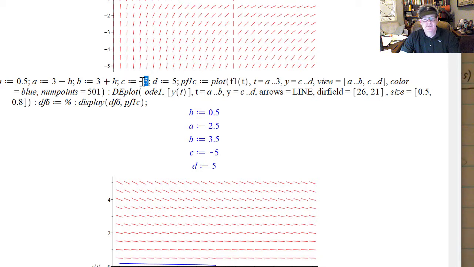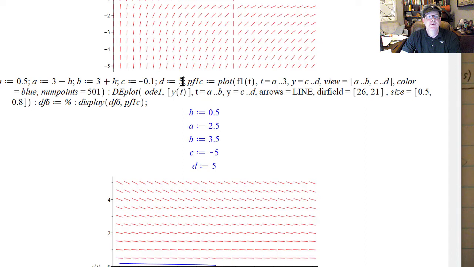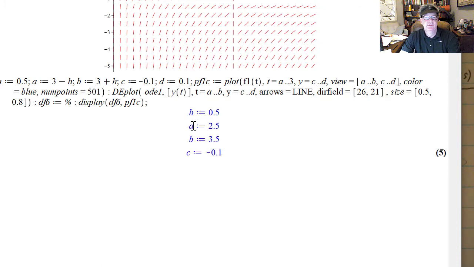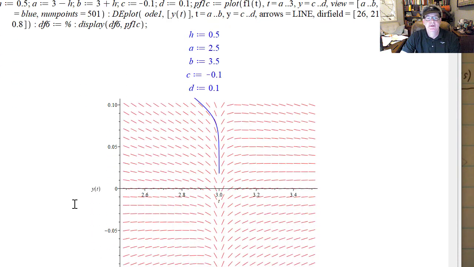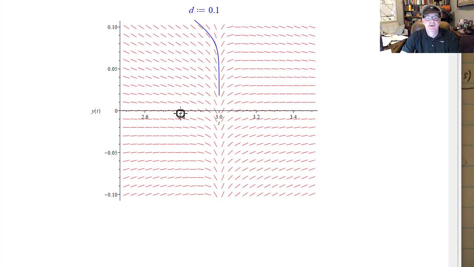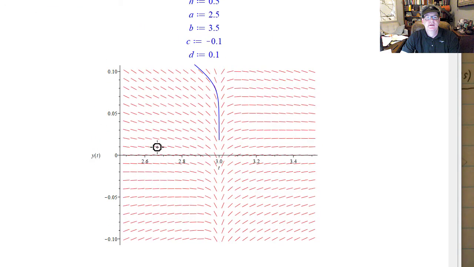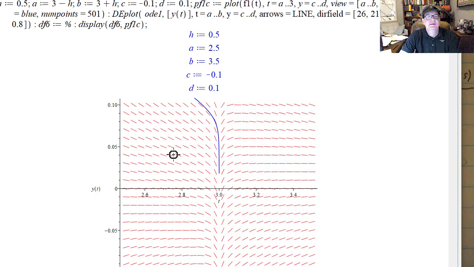Let's go from negative 0.1 to 0.1. So there you can actually see it. You can see the direction fields are all negative, and we're going to go down, although here they're kind of zeros. This zero is going to travel to the right gradually, but essentially it's like what I said it should be.